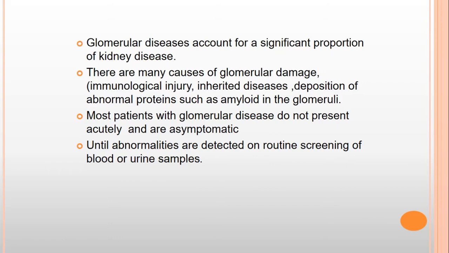Most patients cannot be symptomatic at the time of presentation until abnormalities are detected on routine screening of blood or urine samples, as we discussed in the first lecture, the baseline investigations for the diagnosis of renal diseases.